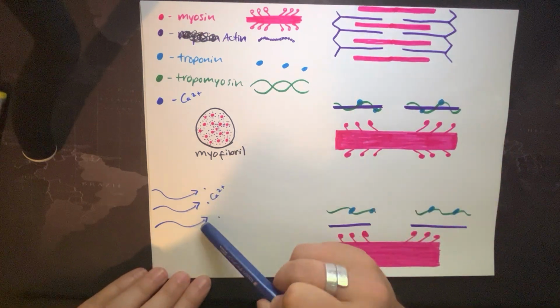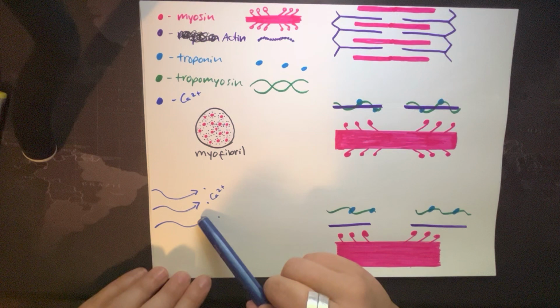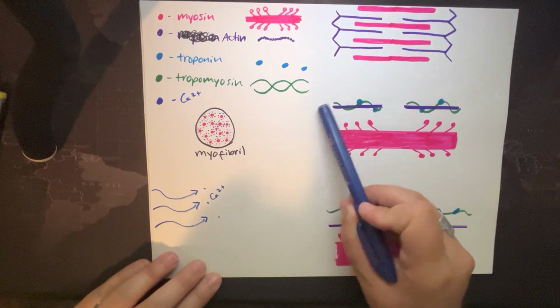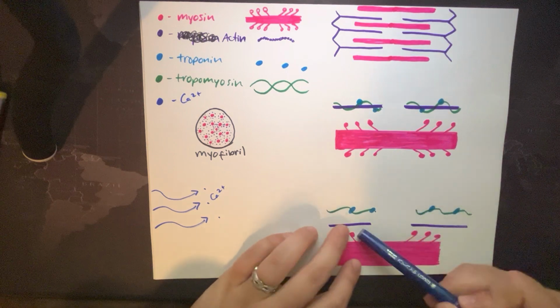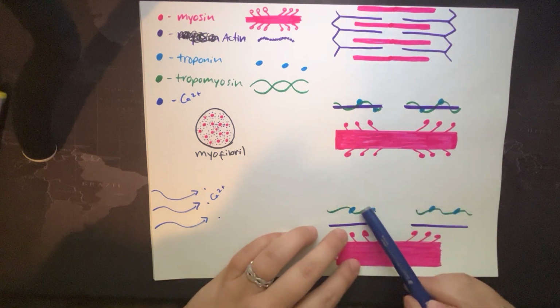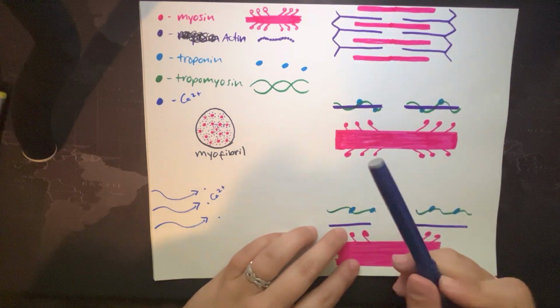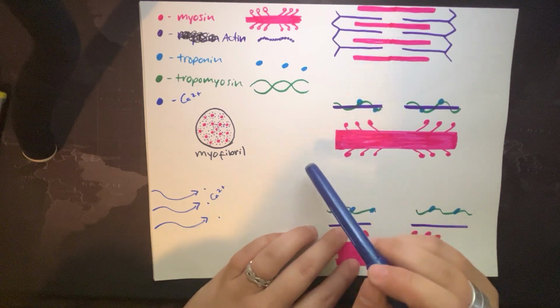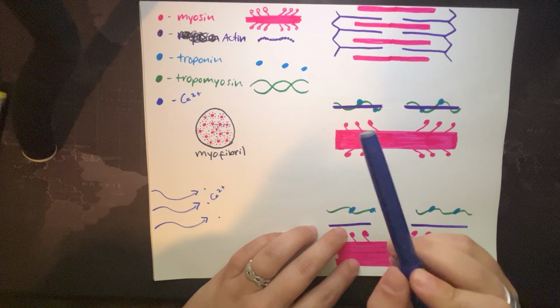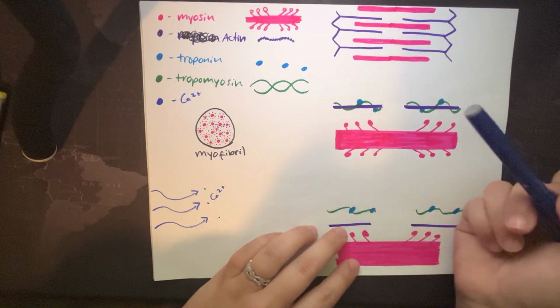So we have calcium. It's released from the sarcoplasmic reticulum. It's coming over, it is going to bind to troponin, and then it is going to lift troponin off of tropomyosin, because as we know, when something binds to a protein, it is going to change its shape. And once we change the shape, we change the function.